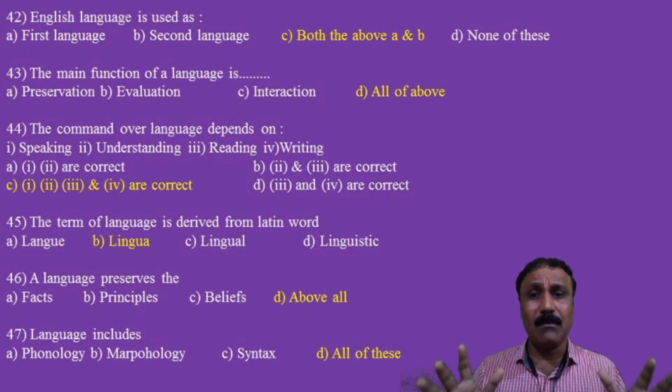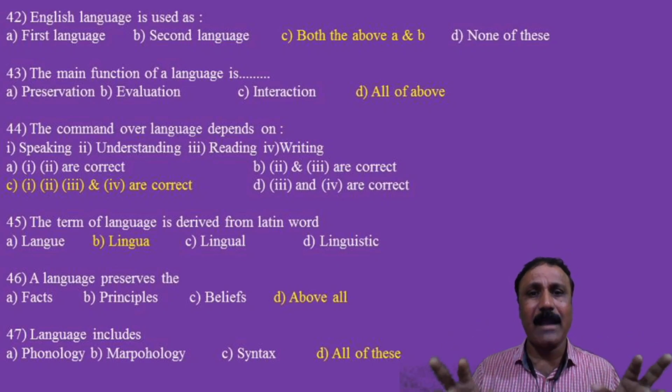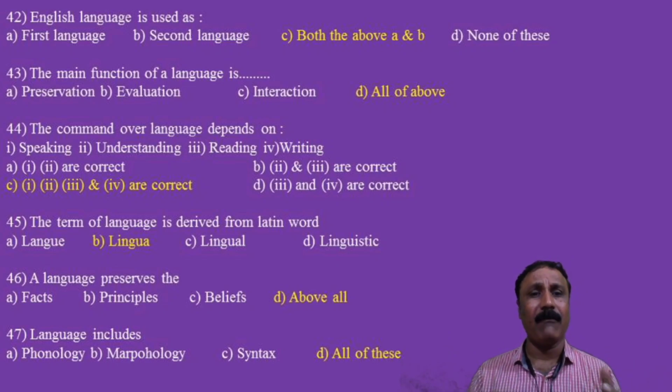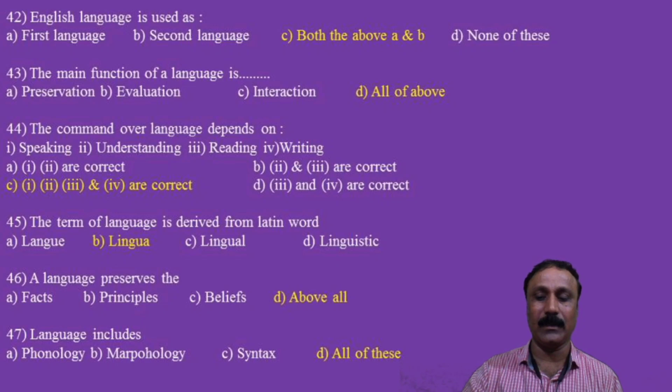And the term language is derived from the Latin word lingua. A language preserves the facts, principles, beliefs. Of course, all of the above. And language includes phonology, morphology, syntax. All of the above is the right one.